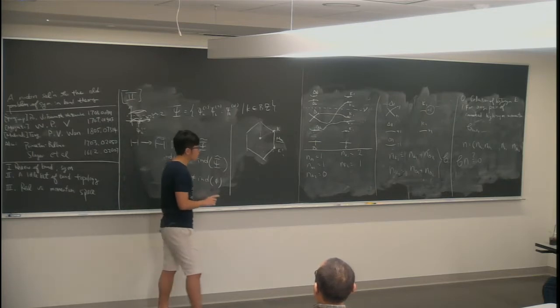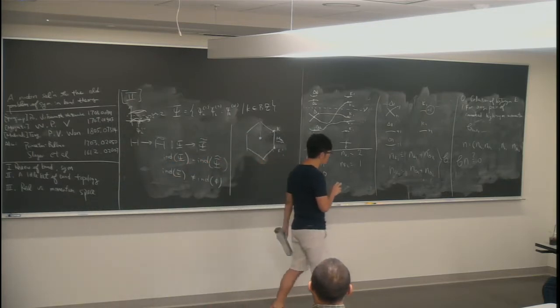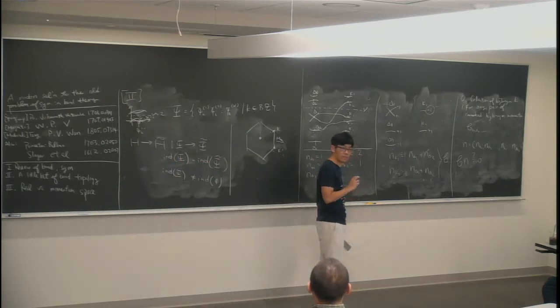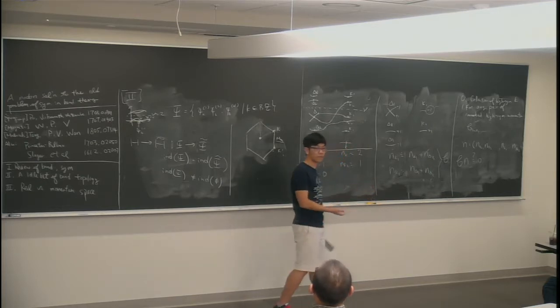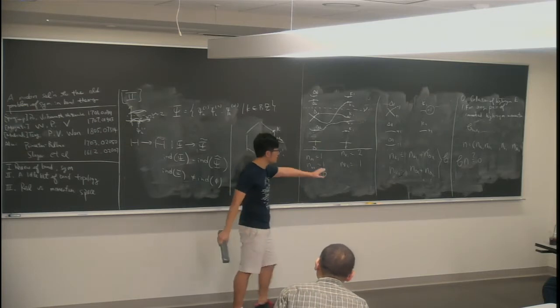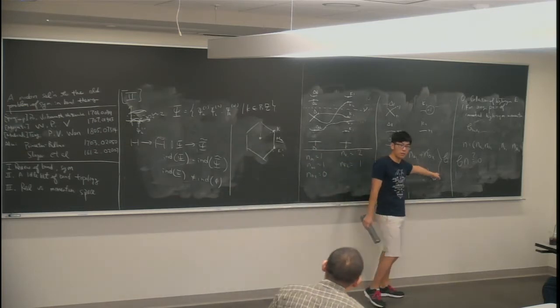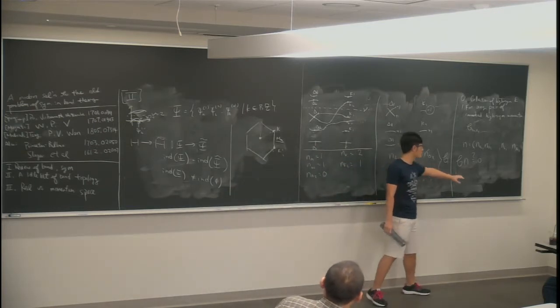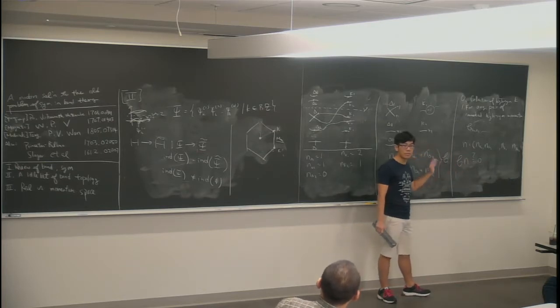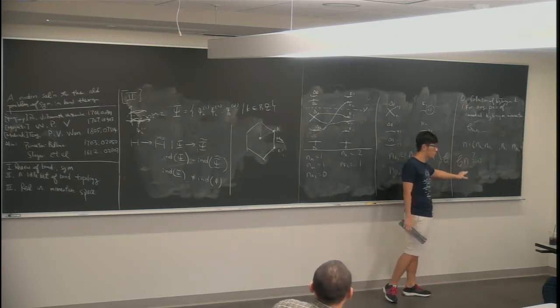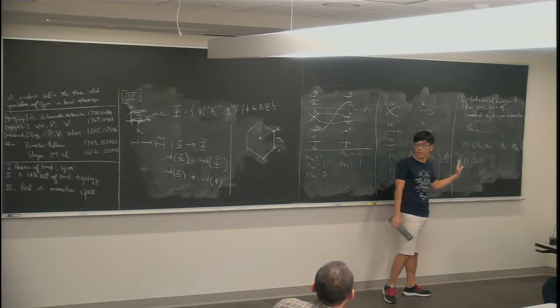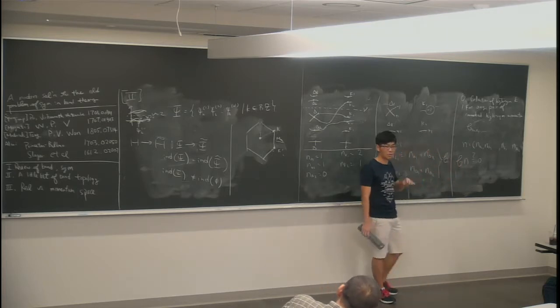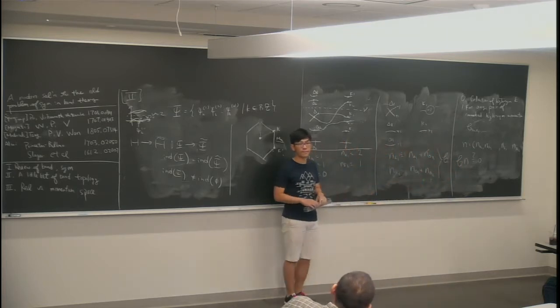That's why these conditions are necessary but not sufficient. They're necessary if you get an insulator, but they are not sufficient to really give you an insulator. I see. So if you can't even satisfy this, then there's no hope that you can be an insulator. Right, but just satisfying this doesn't mean that you must be an insulator. There are cases where you just cannot really get to that insulator, and those are slightly more topological.